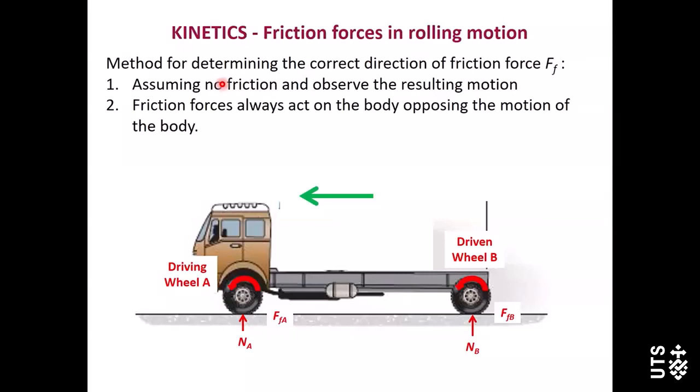And here, just a brief review of how to determine the direction of friction force in rolling motion. Firstly, we assume no friction and observe the resulting motion. In the second step, the friction force must always act on the body opposing the motion of the body.